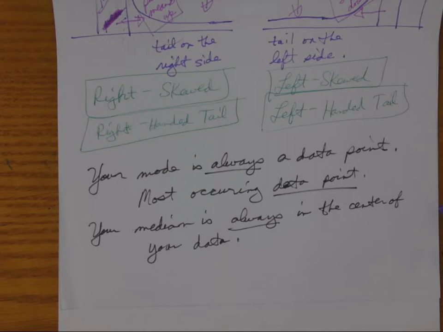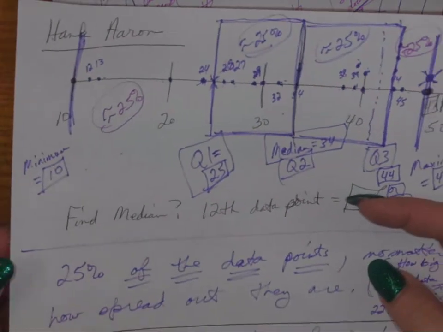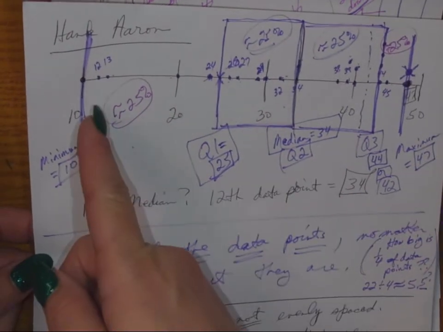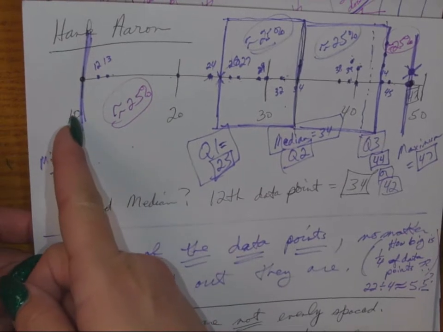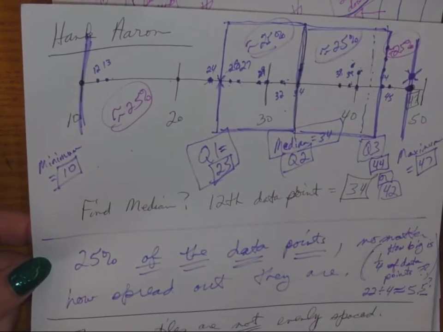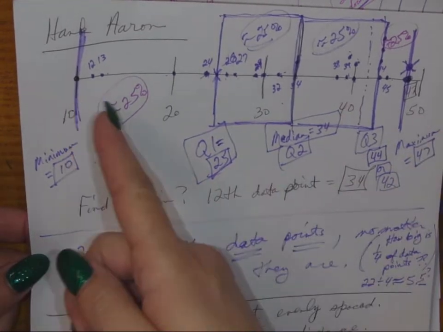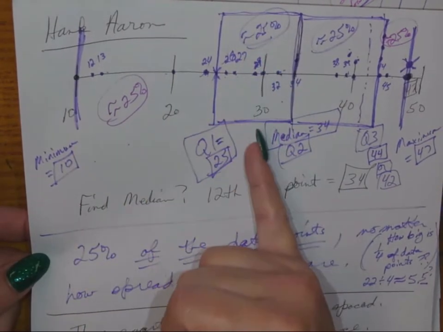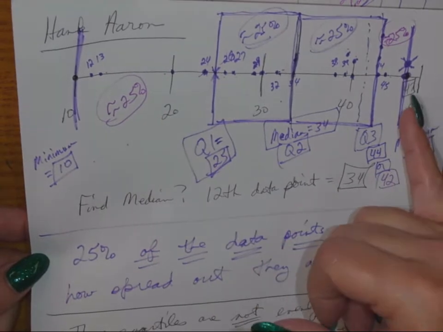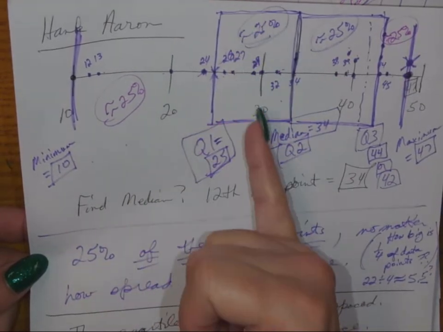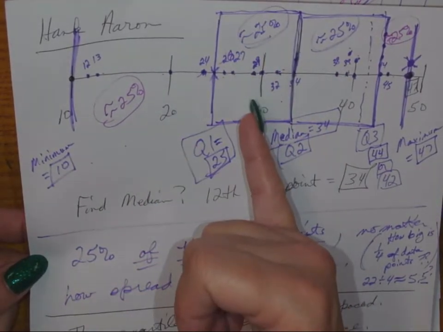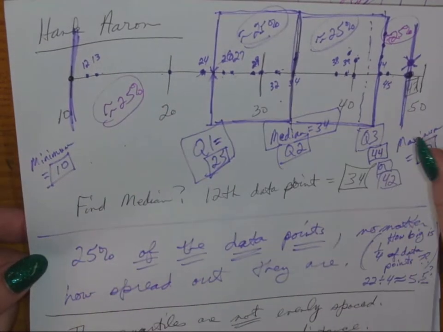Whenever I look at Hank Aaron's data, if I was looking at just the regular data, 10 to 50, well, that's a 40-point difference, which means that the middle of this number line would be right around 30, right? It's actually 10 to 47, so it would be a tiny bit less than the 30. But it would be right in there, right, if I was looking at the middle of the picture.